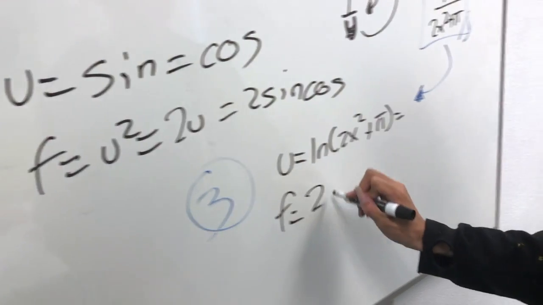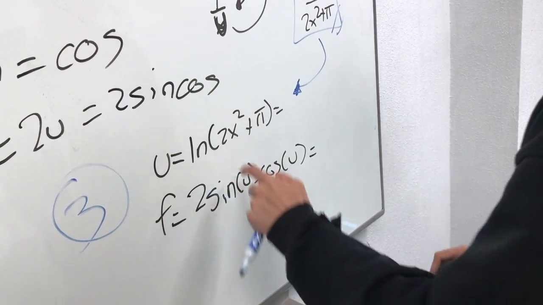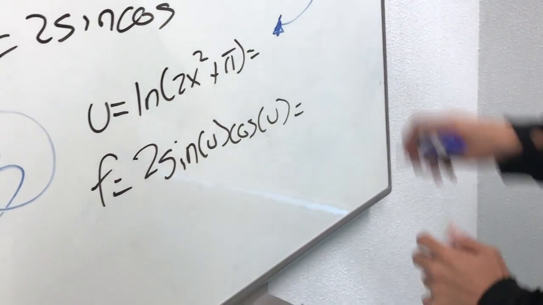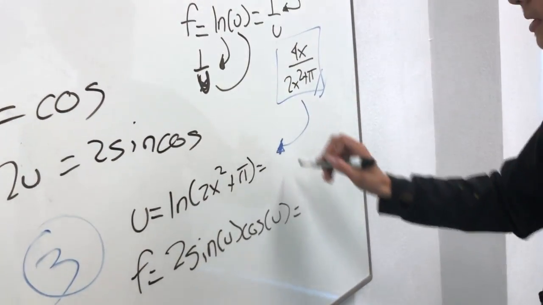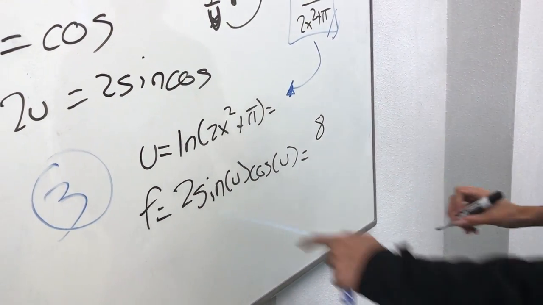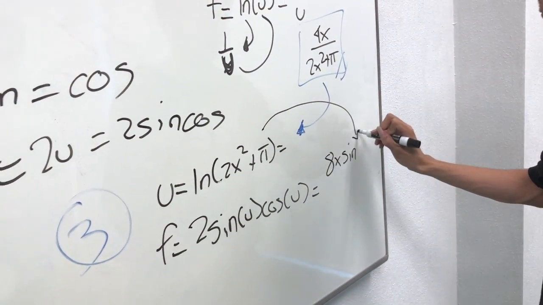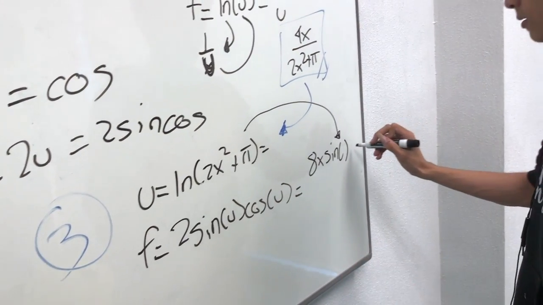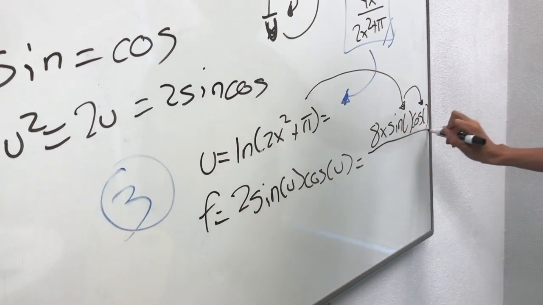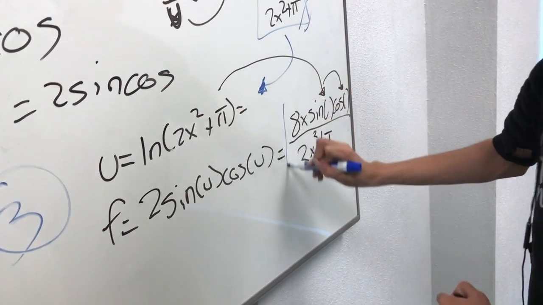However, we're going to have to get 2 sine of u cosine of u, so that we can get these ones inside the parentheses. We're going to have to multiply again this derivative times all of this, which would mean 4x times 2 is 8x sine of u, which would mean that we get this one inside the parentheses, cosine of again this one inside the other parentheses, all by 2x squared plus pi. And this will be our final result.